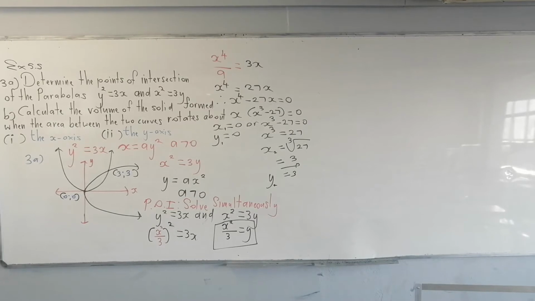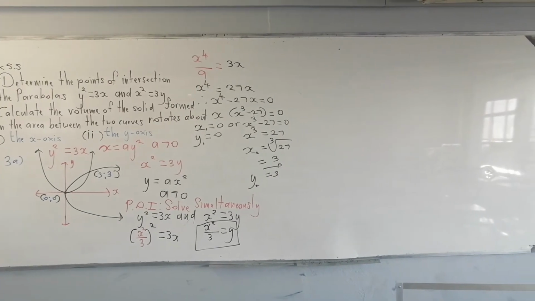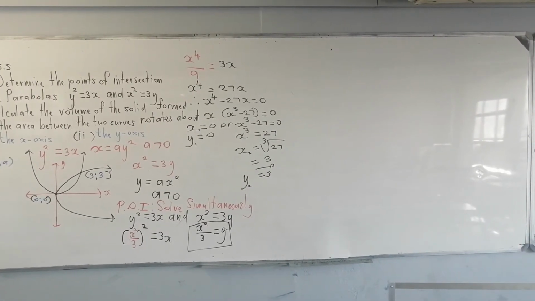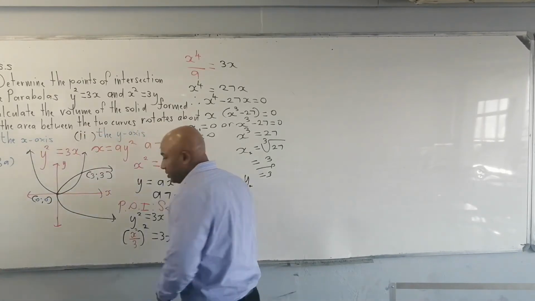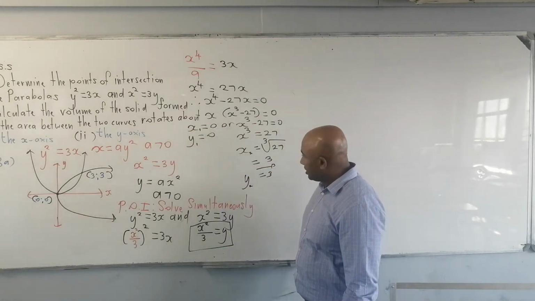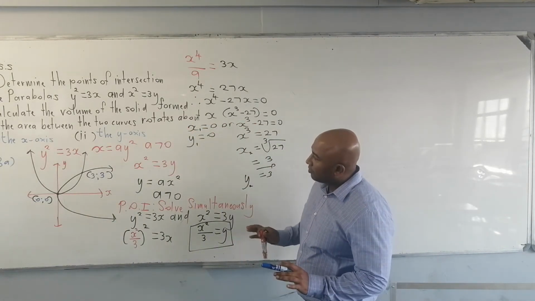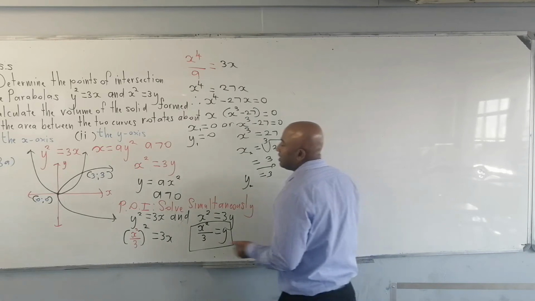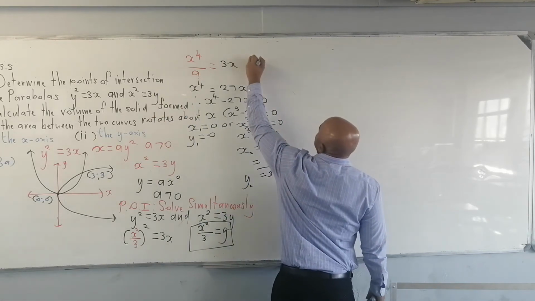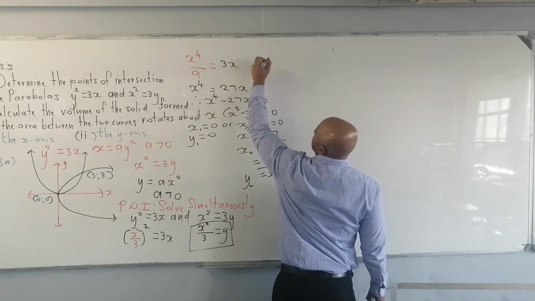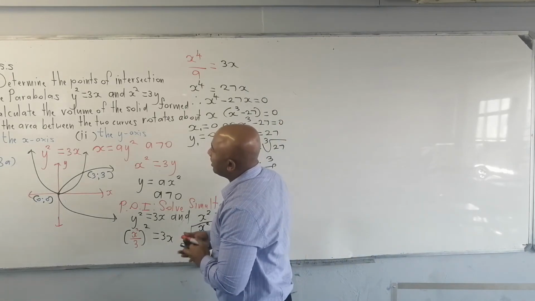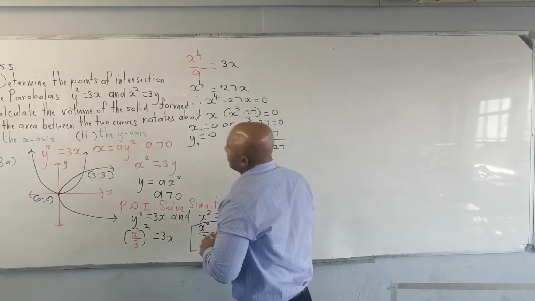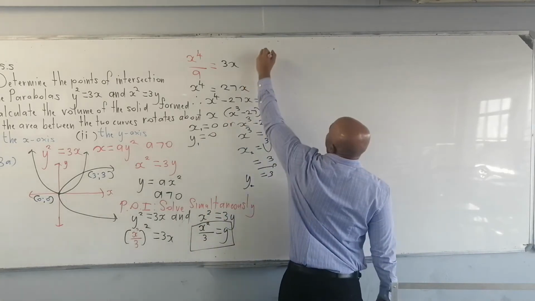Now we need to work out the volume. Now the volume. Okay, so that is 3a, and we sketch the graph is 3b.